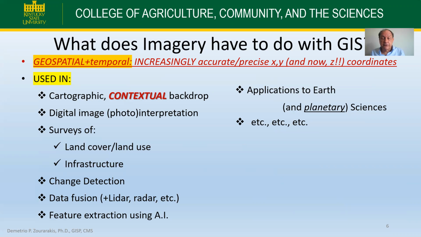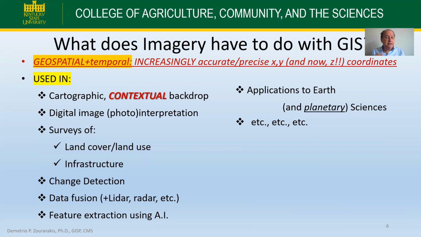Digital image interpretation has been around since World War I and before that. So there's a lot of exploitation of the images for purposes of reconnaissance and surveillance, surveys of land cover, land use, and infrastructure, and extracting planimetric data from the images. Those are the typical uses.